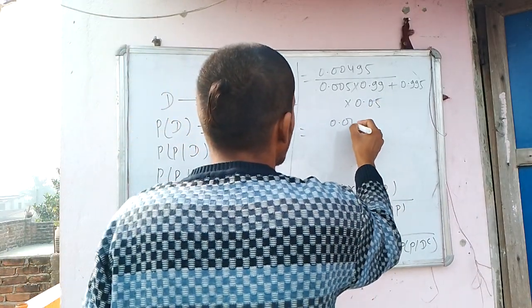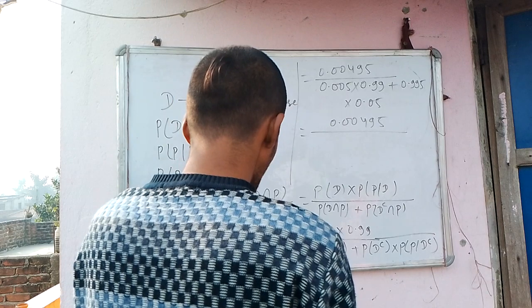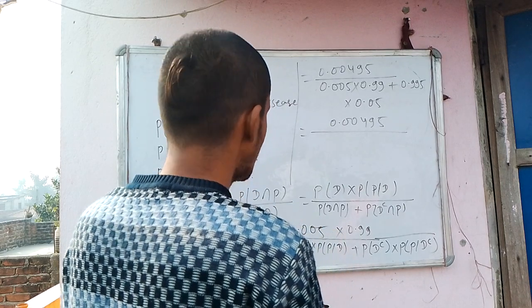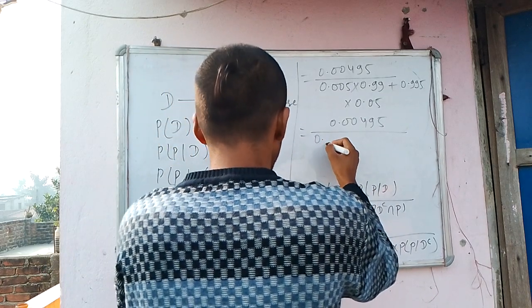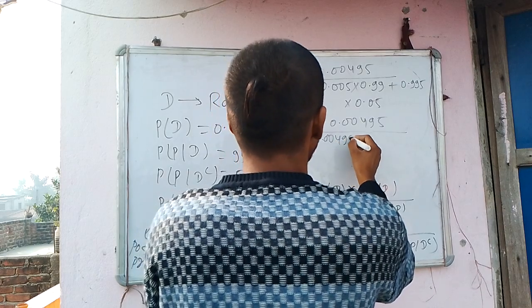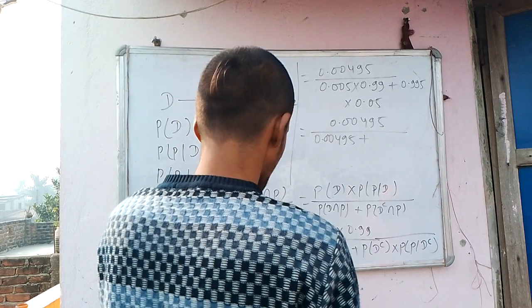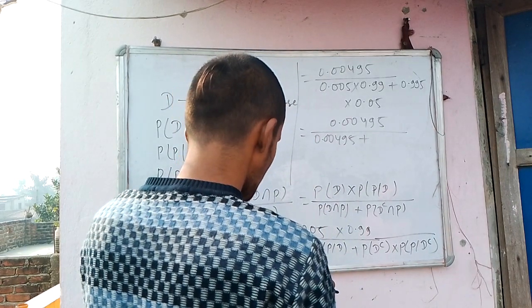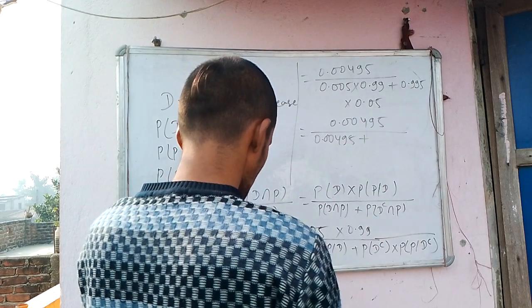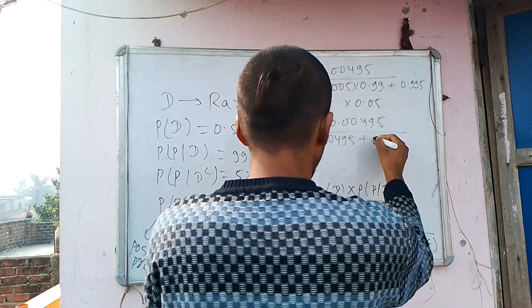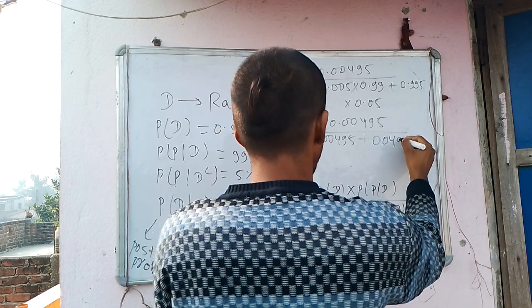So it is 0.00495 divided by 0.005 times 0.99, which is 0.00495, the same as above, plus 0.995 times 0.05, which is equal to 0.04975.